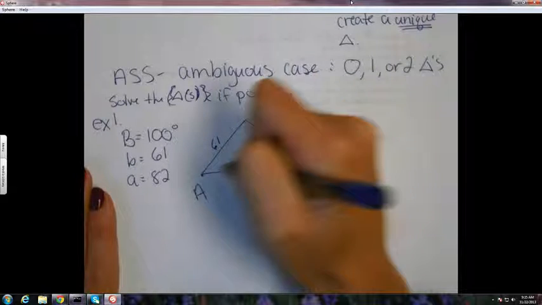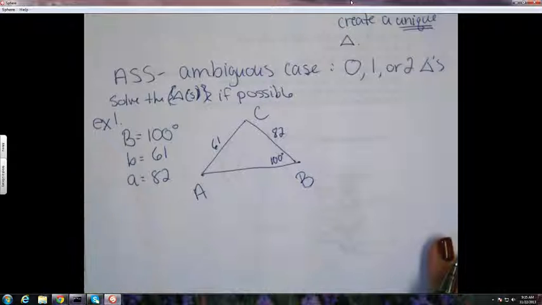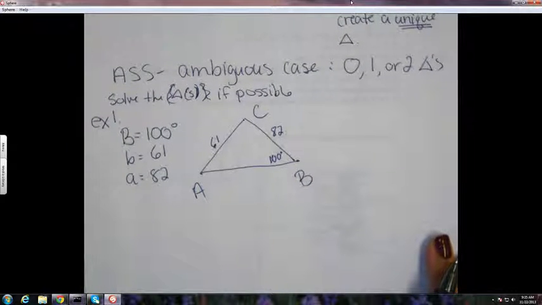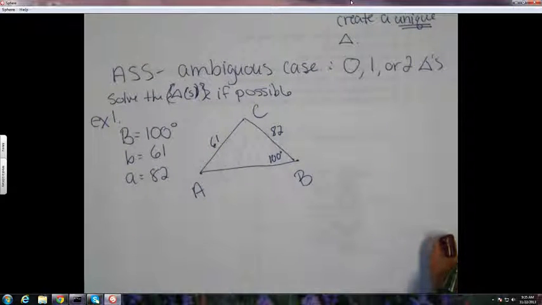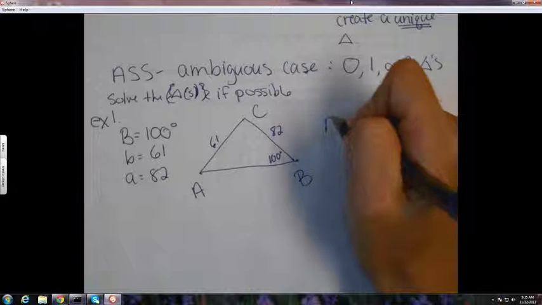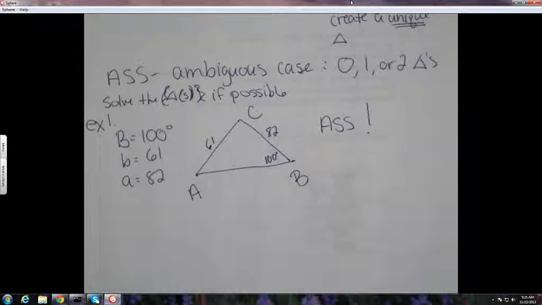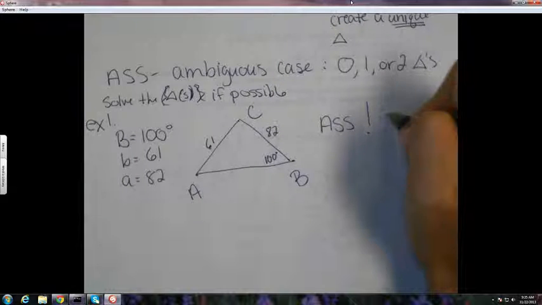And little a is the 82. Now this is where you're going to have to pick out what three parts I have here, because if you can't pick out the three parts, you're not going to remember to check for the second triangle. This is angle, side, side. Ooh, angle, side, side means I've got to remember to check for the second triangle. Two triangles maybe?